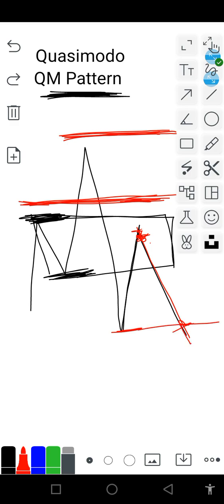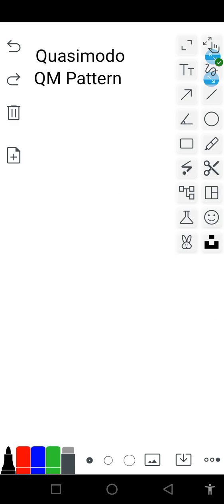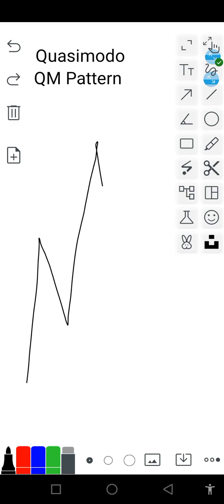Then if the market breaks now, you can have your next take profit at the most recent resistance zone. So let us do that again. We draw. It breaks.